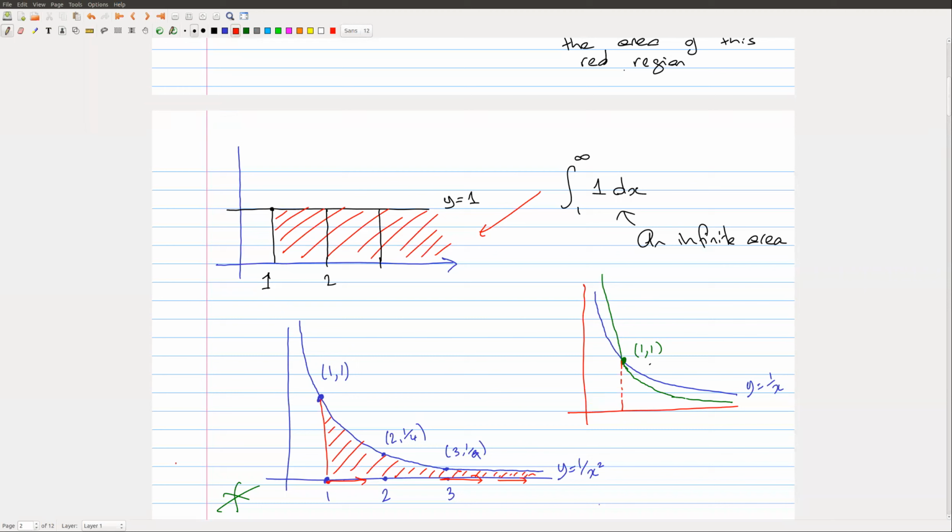And a remark is just that this green graph, the graph of 1 over x squared, sits below the graph of 1 over x. Both of them have the x-axis as the horizontal asymptote on the positive side, but its values are approaching 0 even faster than the values of 1 over x are.